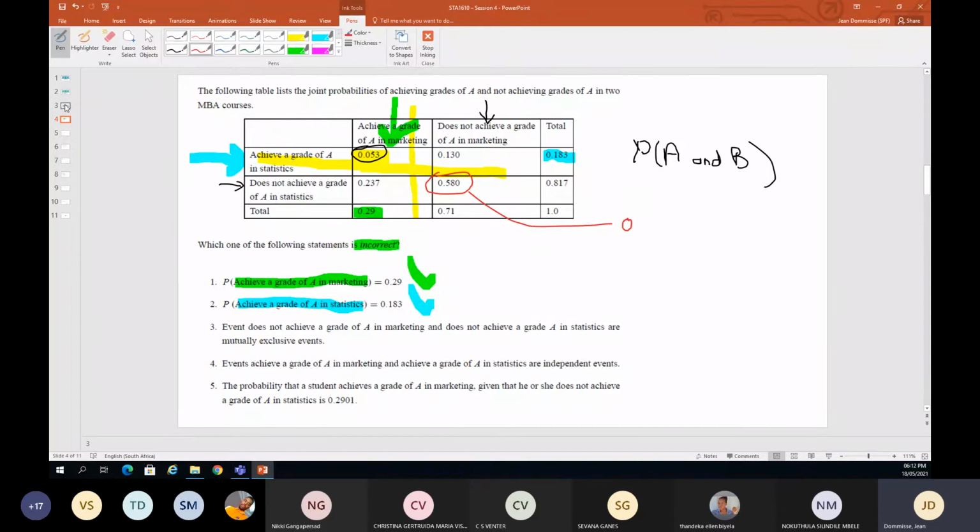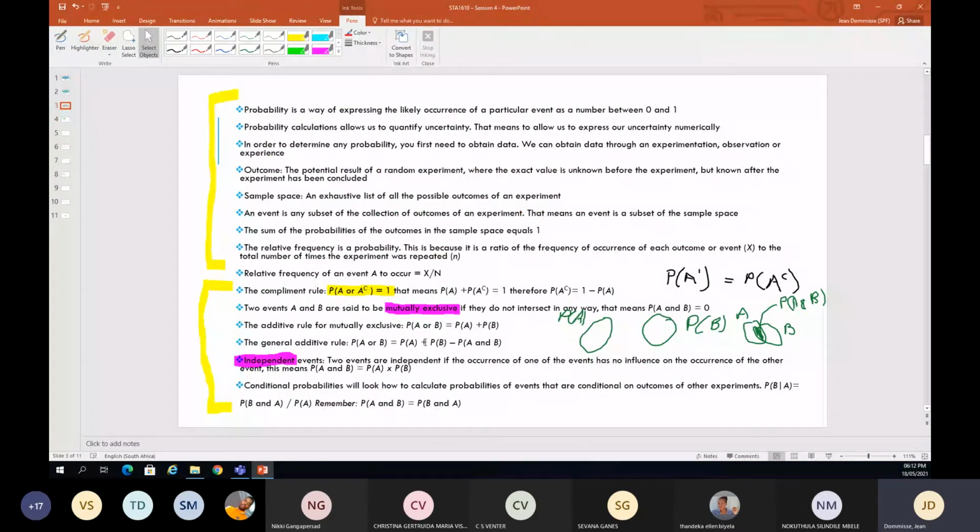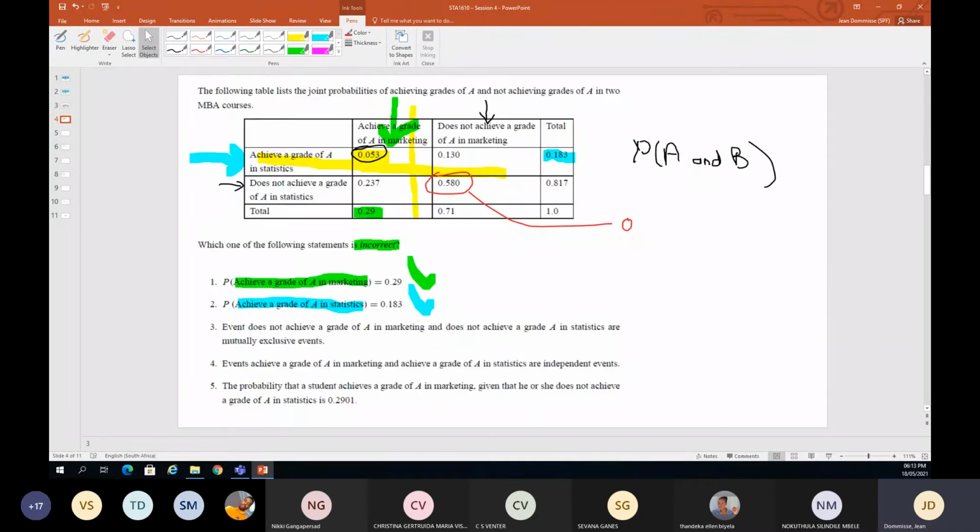Okay, so if it was mutually exclusive from our rules, it would have been 0. Okay, so that is not 0. So that one is the incorrect one. Okay, so let's just look at the other options as well.